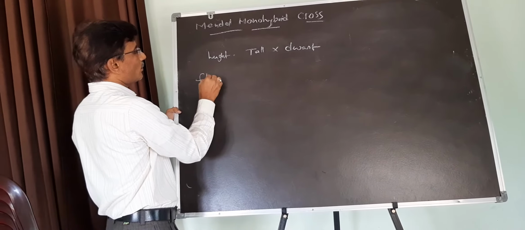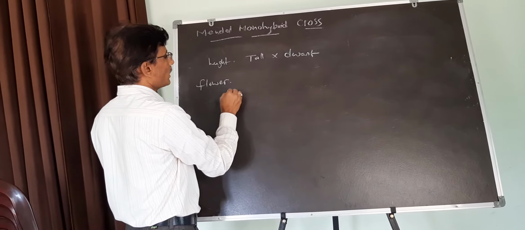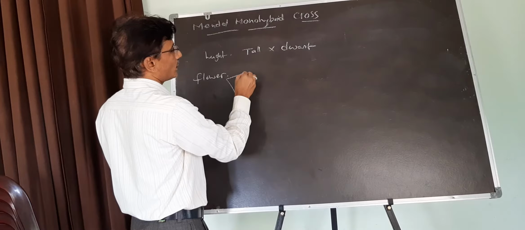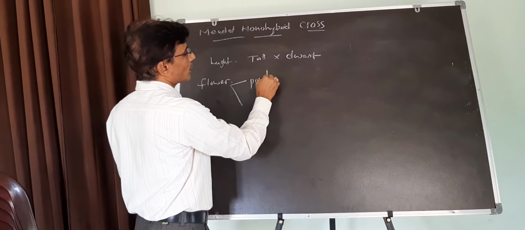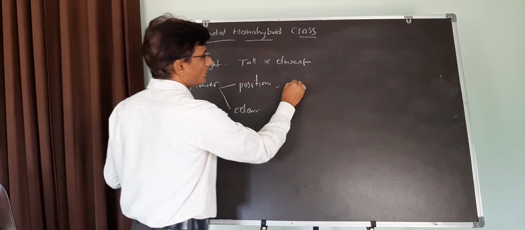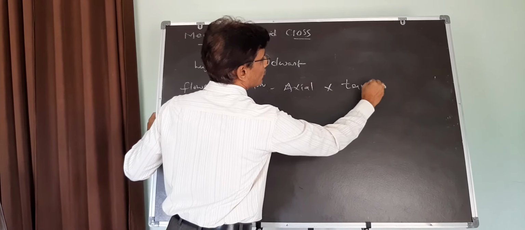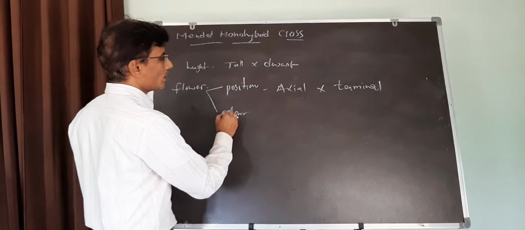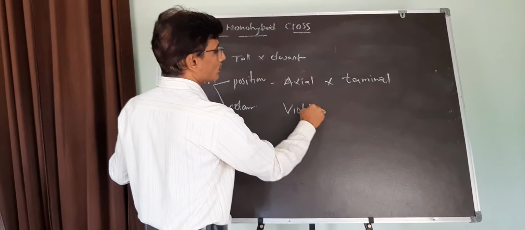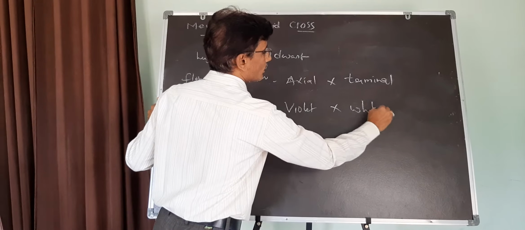Next, the flower. Two flower characters we have considered: one is the position of the flower and the other is the color of the flower. Position of the flower means axial and terminal. The color of the flower is violet, crossed with white colored flowers.